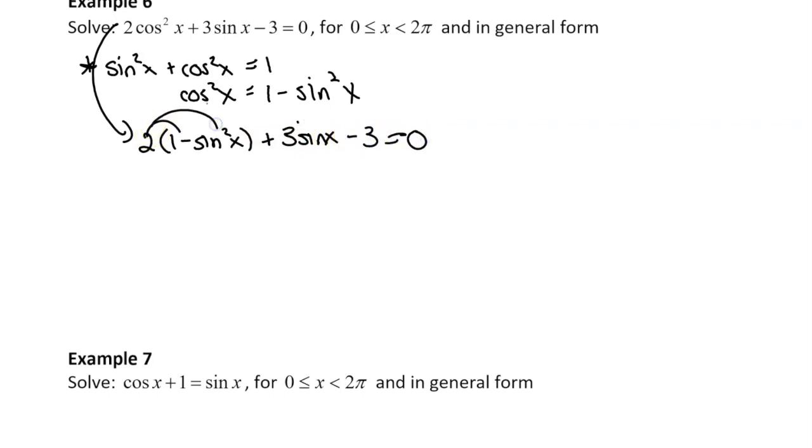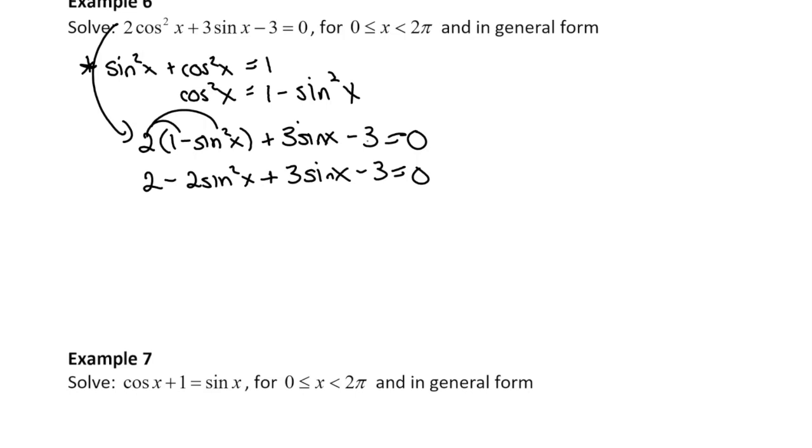And then we can distribute and clean this up, and you get 2 minus 2 sine squared x plus 3 sine x minus 3 equals 0. Based off of this, we probably want to factor out a negative or bring everything onto the other side, so that we have positive squared values to deal with when we start to factor.